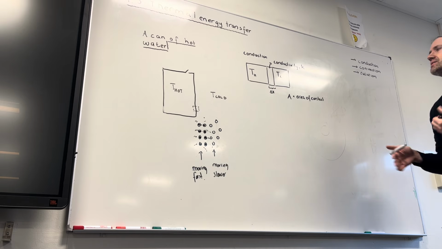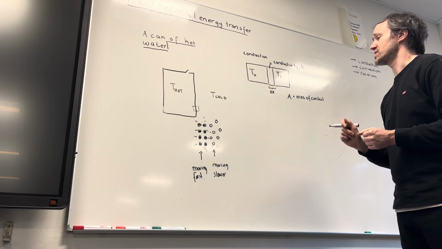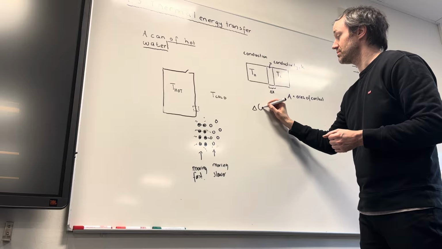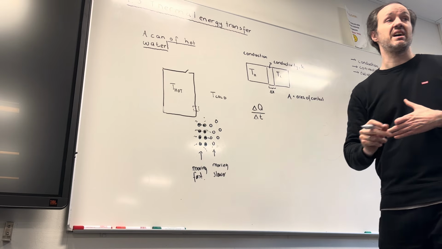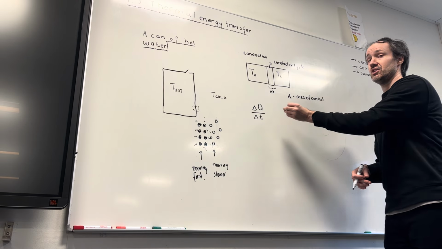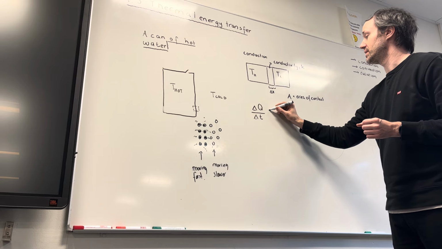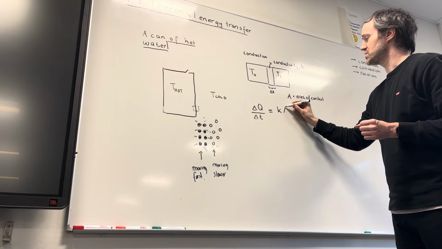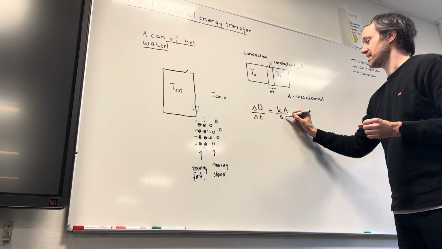All right, and so we have a formula in this thermal energy transfer which states that the change in heat divided by time, that means the rate of change of the heat, how fast the energy is transferring between the hot and the cold reservoirs, is given by the formula K times A divided by delta x.